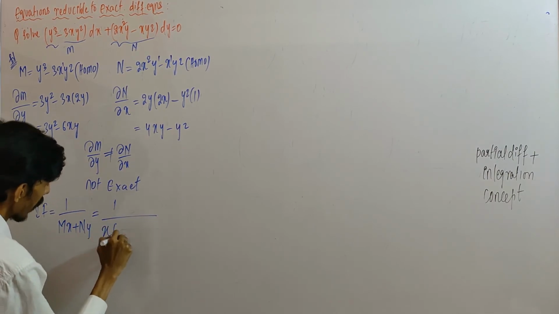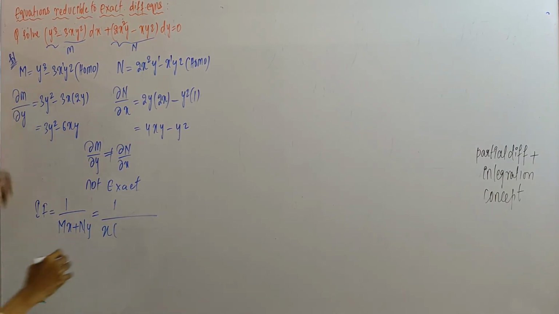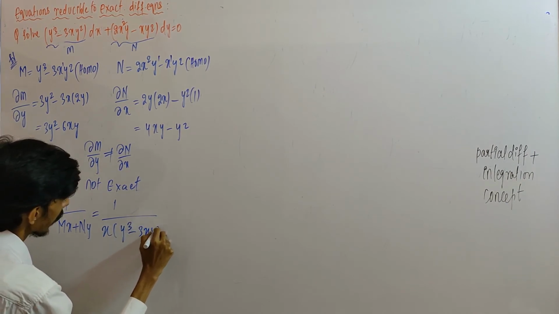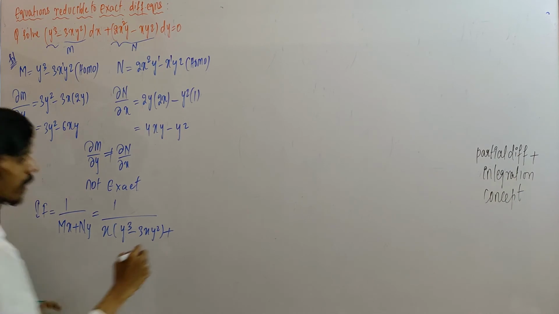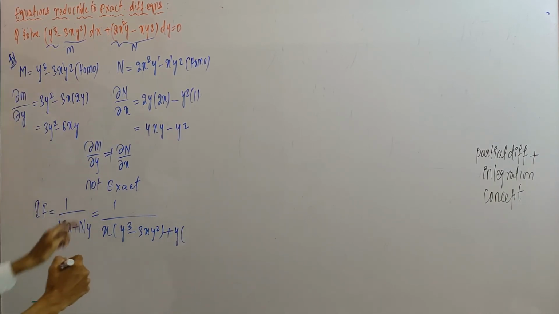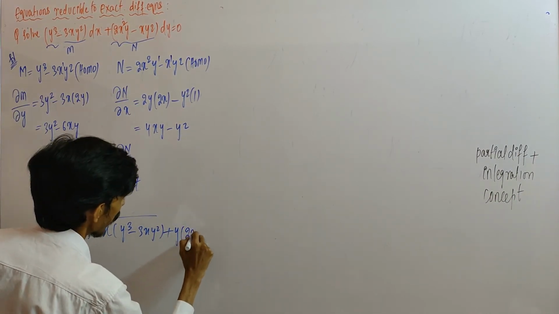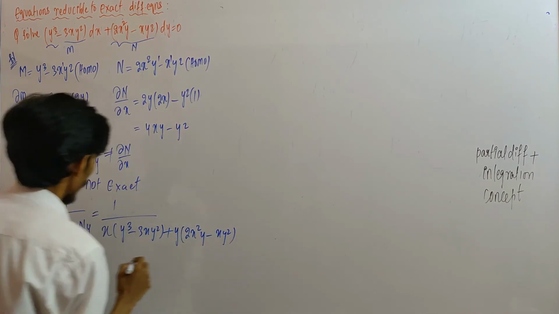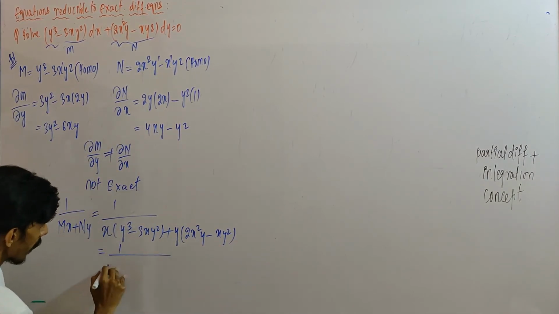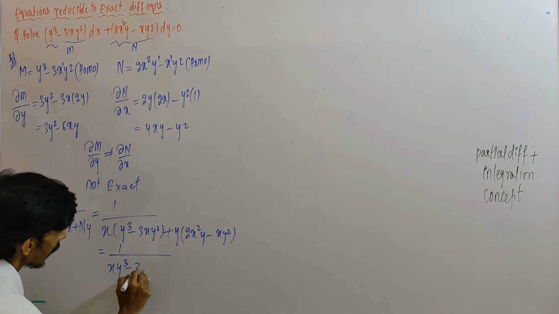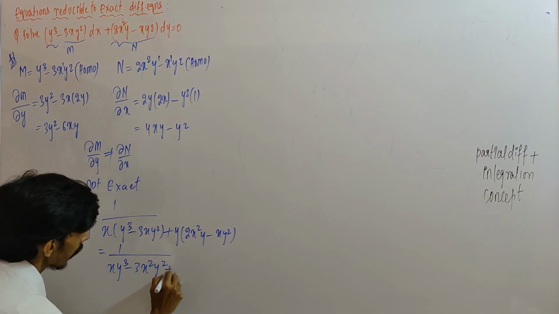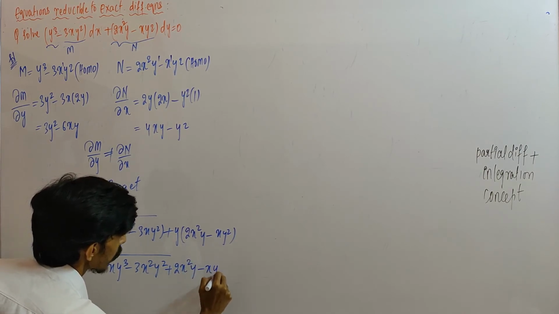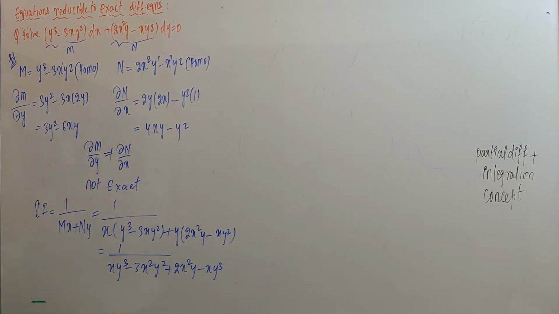This will become x into M, y cube minus 3x y square, plus N y, that is y into N. N value is 2x square y minus x y square. This will become 1 by x y cube minus 3x square y square plus 2x square y square minus x y cube.